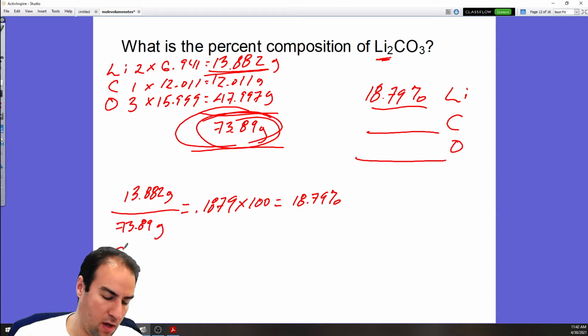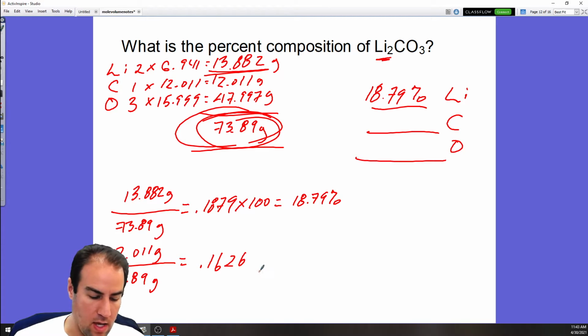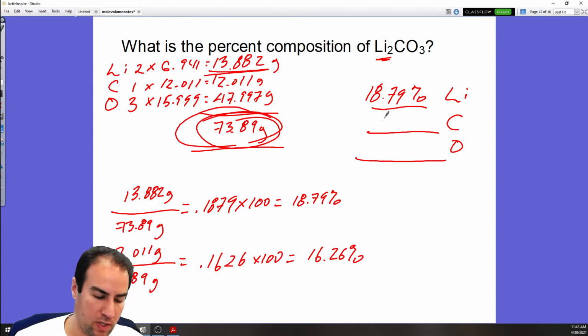Now we just have to repeat it for each of the other elements. Carbon: 12.011 divided by 73.89, and we get 0.1626. Multiply that by 100, and that gives us 16.26%. So 16.26% of that total is made up of carbon.